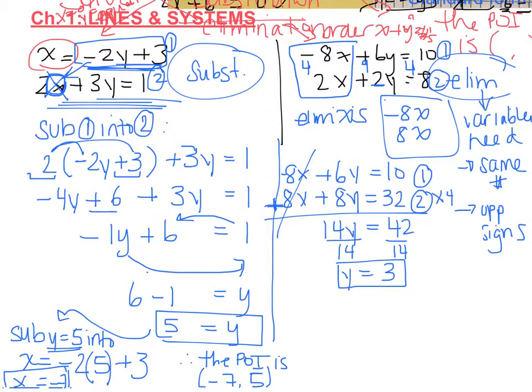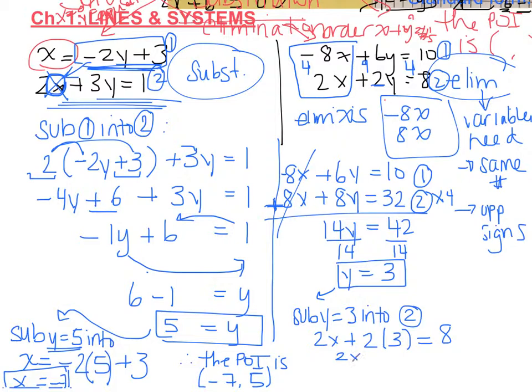If we want to find the x coordinate, we're going to substitute y equals 3 into one of the equations that we're given. Now if I'm looking to find x, and I'm looking at these two equations up here, this one has a negative coefficient, so I'm probably going to choose equation 2 because it's a little simpler to find x in equation 2. So 2x plus 2y, well now I know y is equal to 3, is equal to 8.